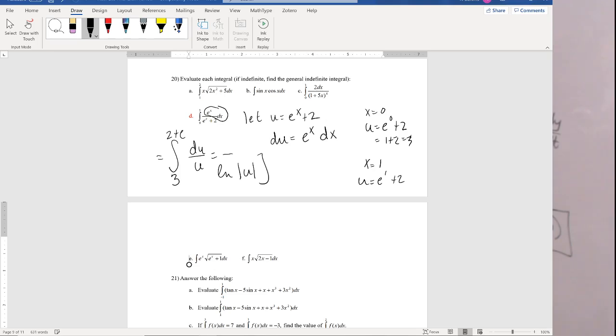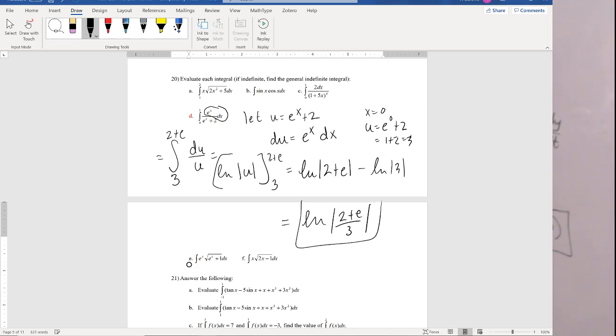And then I need to evaluate this from 3 to 2 plus e. So you plug in the 2 plus e first. You always plug in the upper bound first. Subtract natural log of 3. And because that's two logs subtracted from one another, you could technically put them together and write it that way. I don't know why it's not letting me write. There we go.